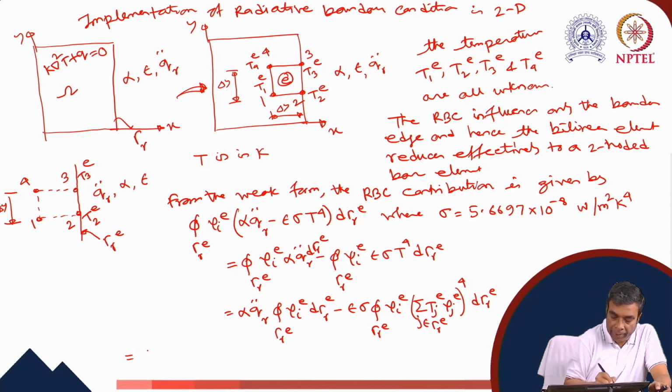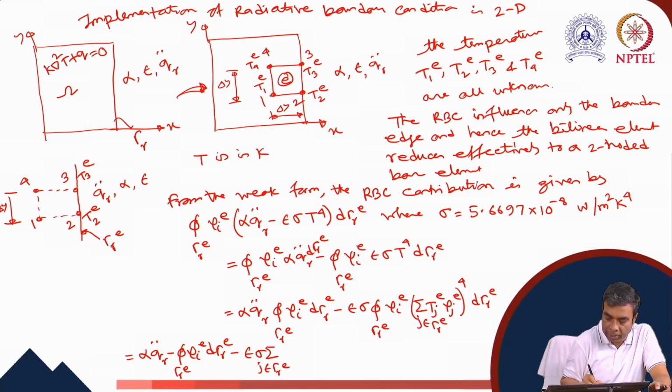This can be further simplified as alpha QR double dot boundary integral of psi IE d gamma RE along gamma RE minus epsilon sigma summation over J belongs to gamma RE boundary integral of psi IE psi JE to the power 4 d gamma RE TJE to the power 4.